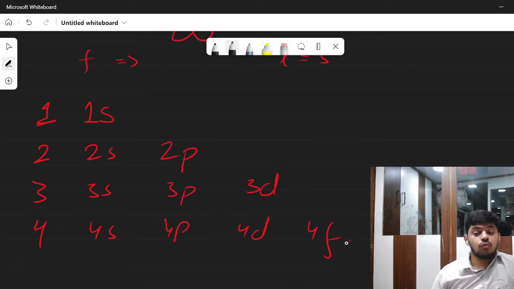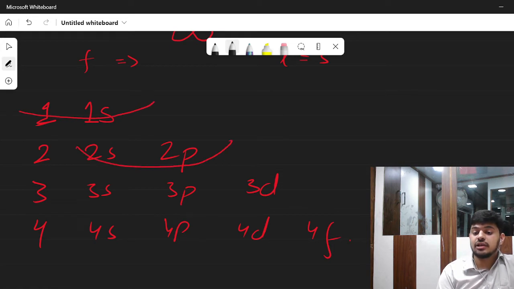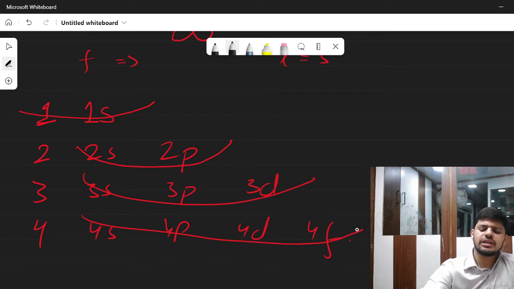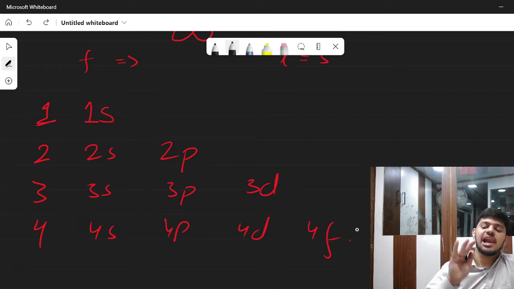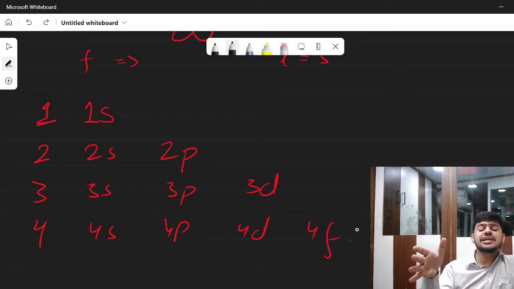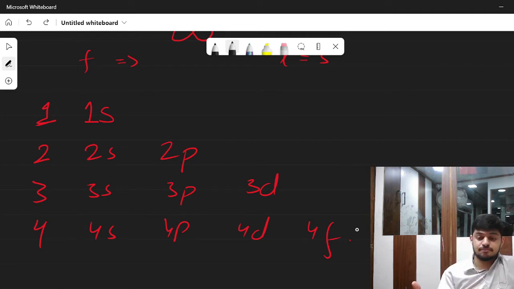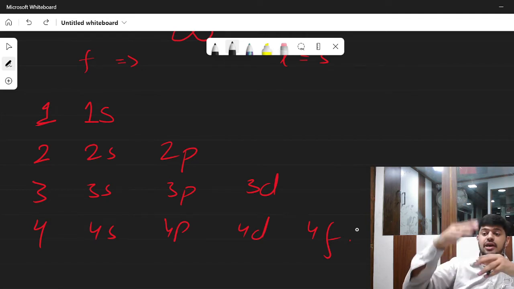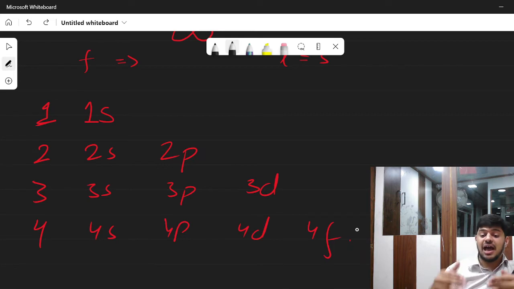Now, it is the level of the electrons. I told you, this is the first shell, this is the second shell, this is the third shell, and this is the fourth shell. You can see that every shell has different parts, which means every shell has different levels. Some have lower energy, some have higher energy.